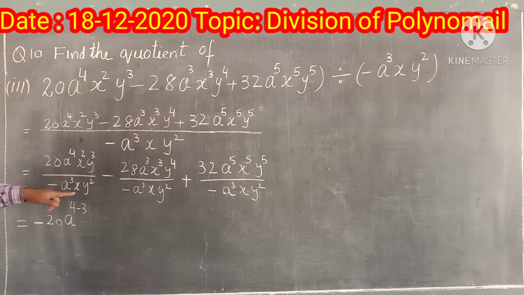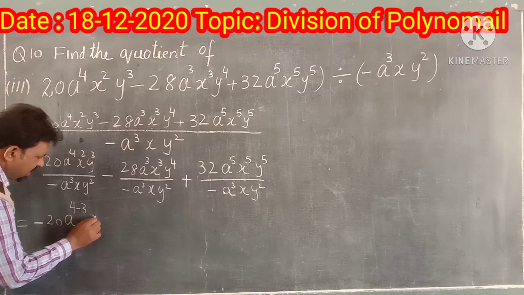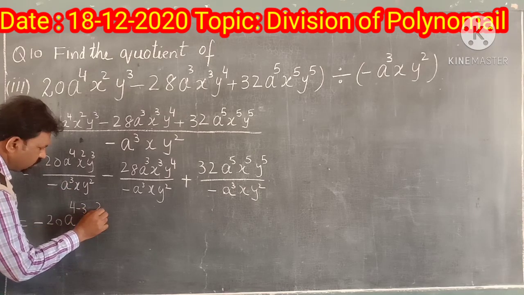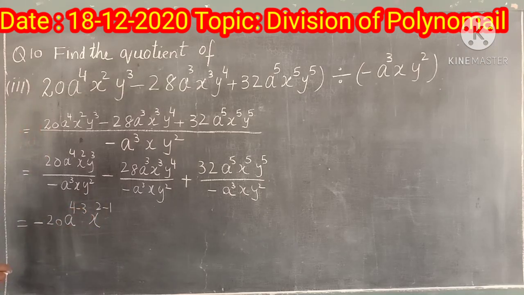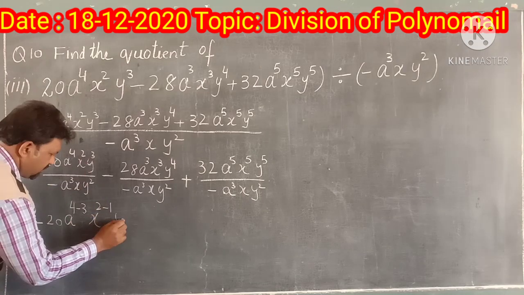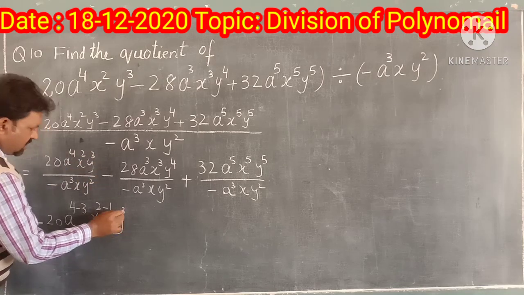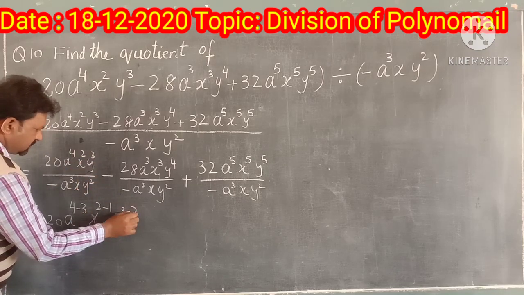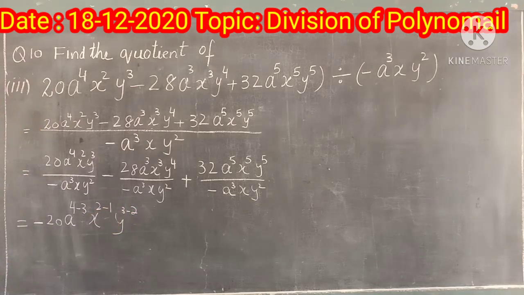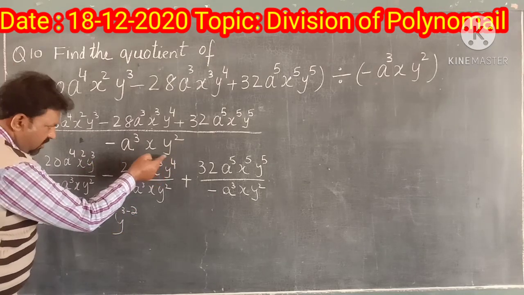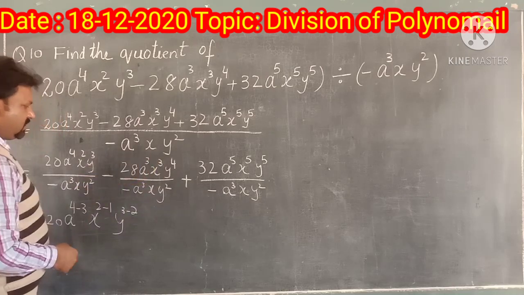Then x power 2, x power 1, so we can write x power 2 minus 1. Then y power 3 minus 2.